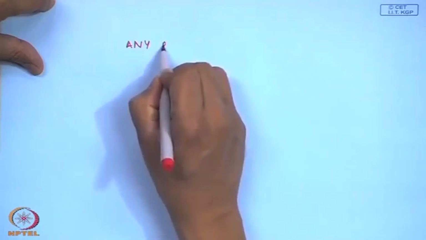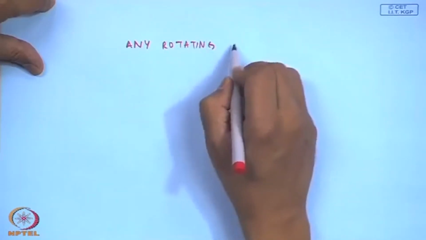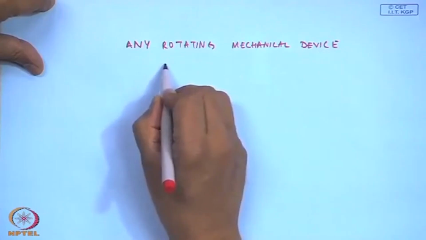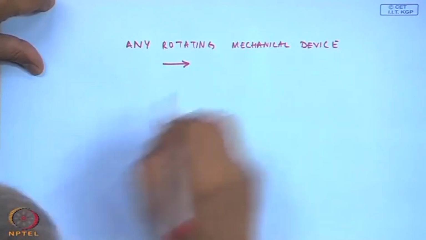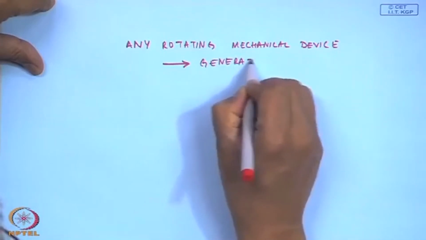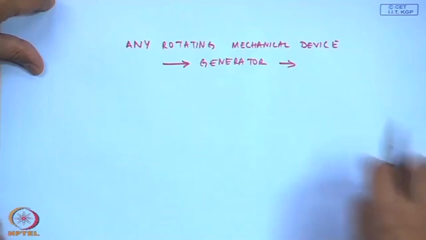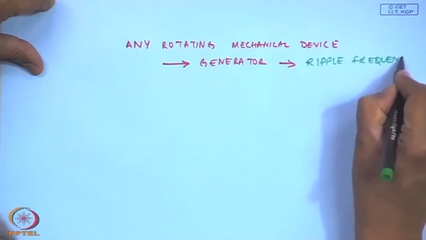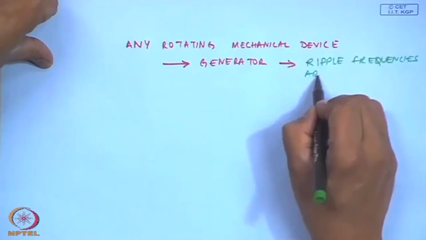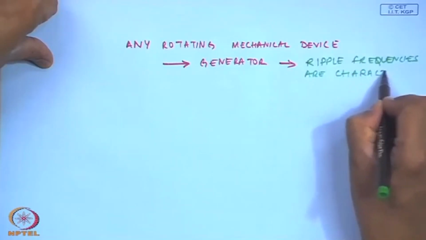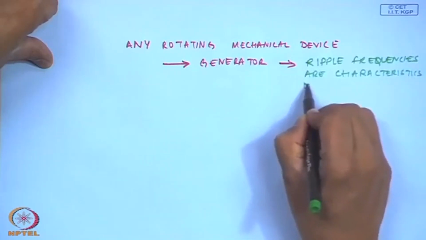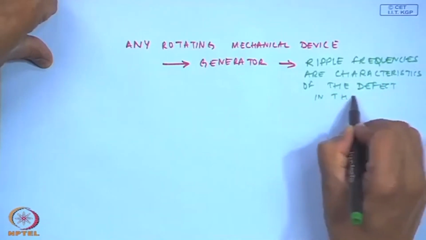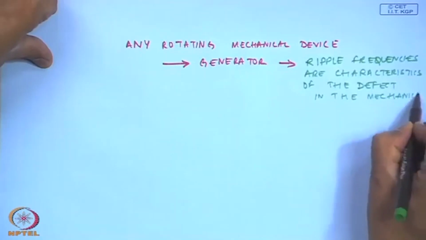So, for any rotating mechanical device, if it is coupled with a generator, the ripple frequencies are characteristics of the defect in the mechanical device.